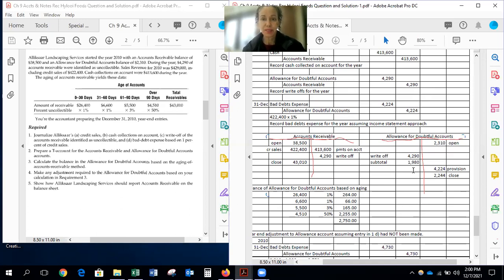It's an estimate over time, right? And then after we post our entry here from 1D, our provision for bad debts at the end of the year from 1D is 4224. So the closing balance for the allowance would be 2244. That's the percentage of sales method.